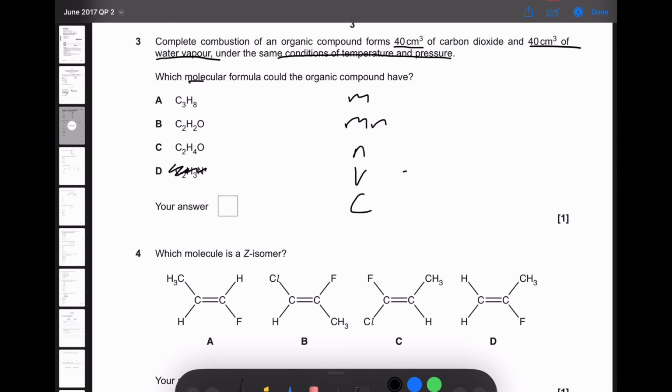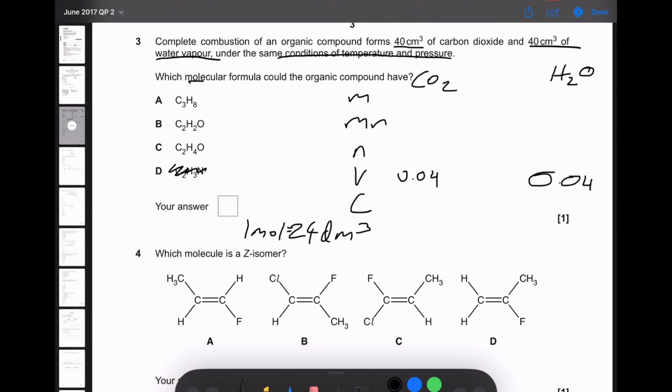MRNVC. So if we have 0.04 decimeters cubed of CO2 and H2O, 0.04 here. Now if they're under the same conditions of temperature, let's just use what we know. Let's use the 24 decimeters cubed rule: 1 mole is equal to 24 decimeters cubed.